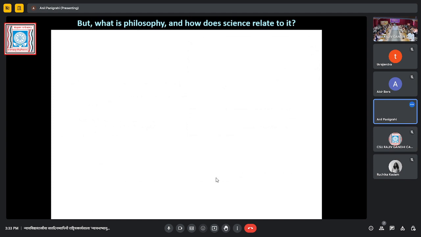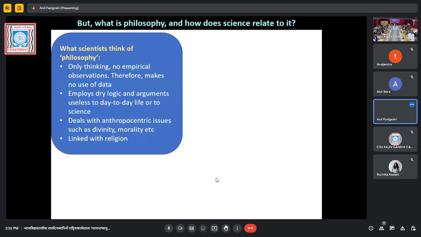Now, since philosophy has been criticized by the scientists so much, we need to think about what philosophy is and how science relates to it. We already discussed that scientists think of philosophy in a very negative way. They think that philosophy is only about thinking and there are no empirical observations involved.